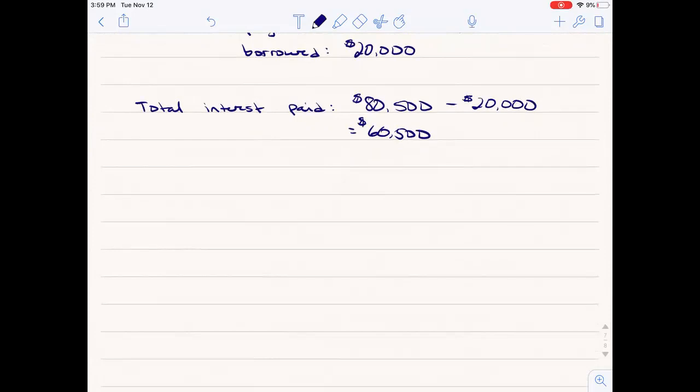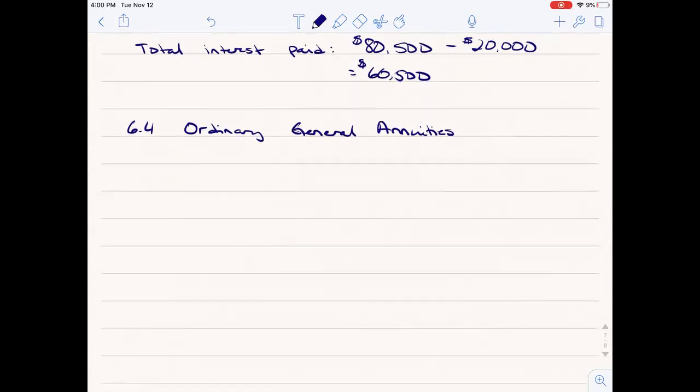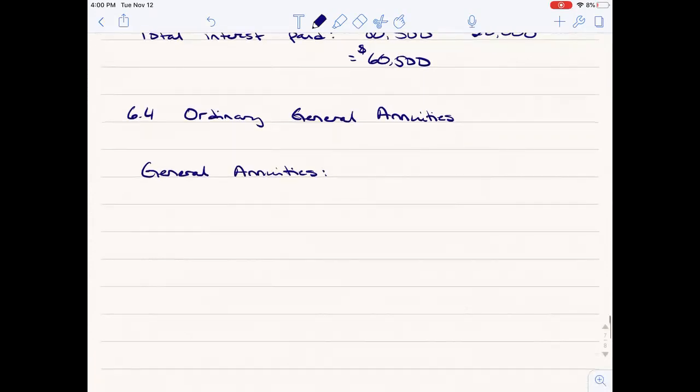So now I've kind of been prepping you for general annuities this whole time, right? But section 6.4 is for ordinary general annuities. So general annuities, just as a refresher, are when the compoundings per year are not equal to the payments per year.